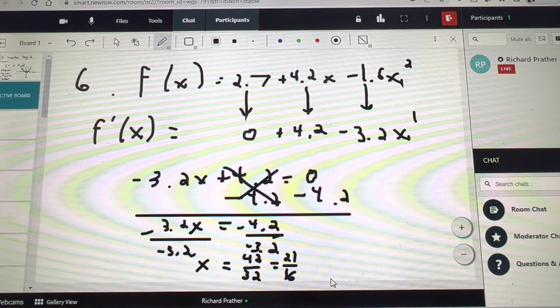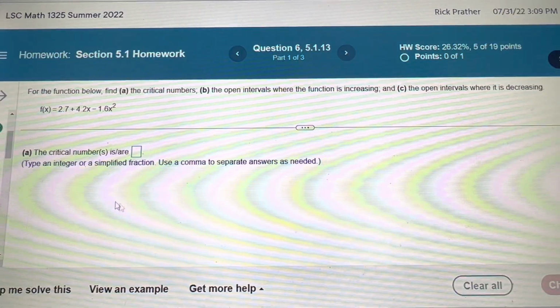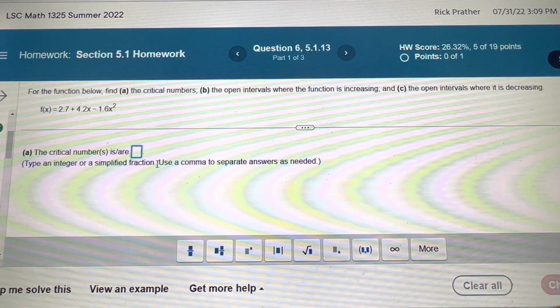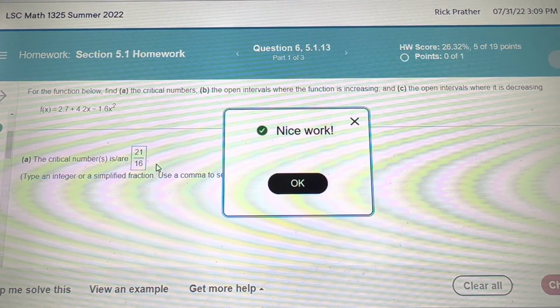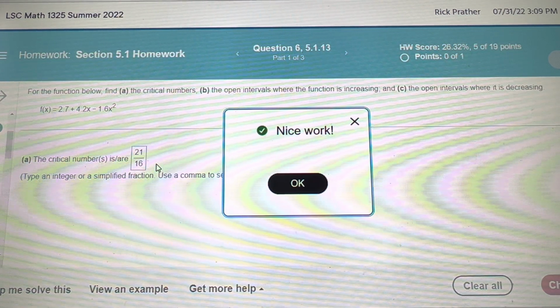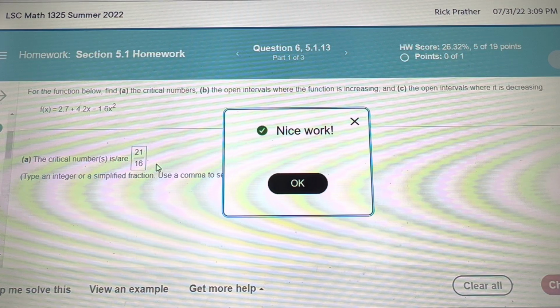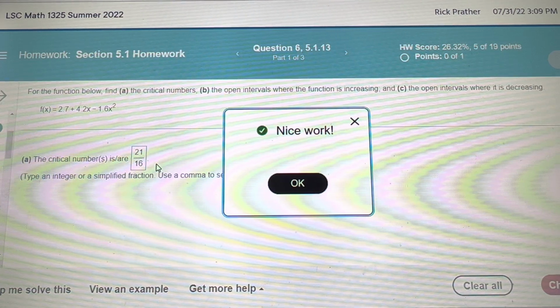And usually they're going to want simplified fractions and not decimals. We could check if they say here, type in integer or simplified fraction. Okay, so 21 over 16 is the only number that makes the derivative equal 0. And because the function and the derivative are polynomials, polynomials are never undefined.